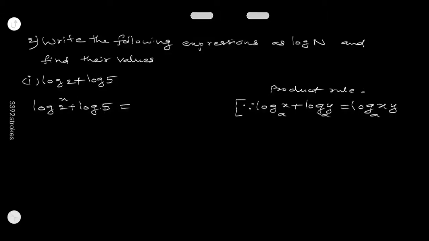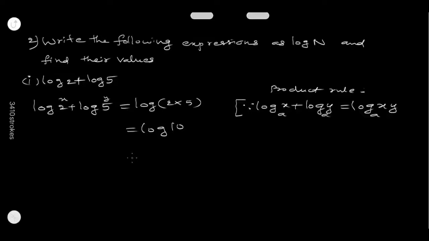Here 2 is x and 5 is y. So x equal to 2, y equal to 5. So x into y. So log 2 into 5 equal to log 10.